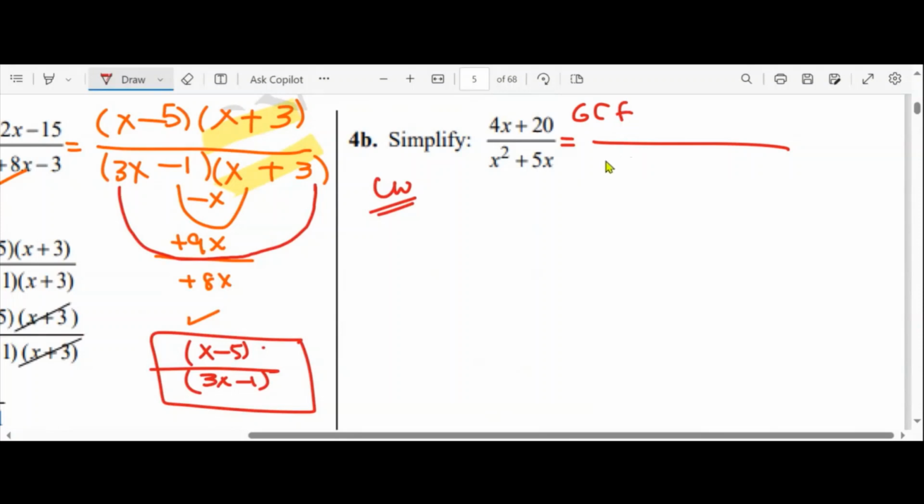Greatest common factor. And this one, greatest common factor.